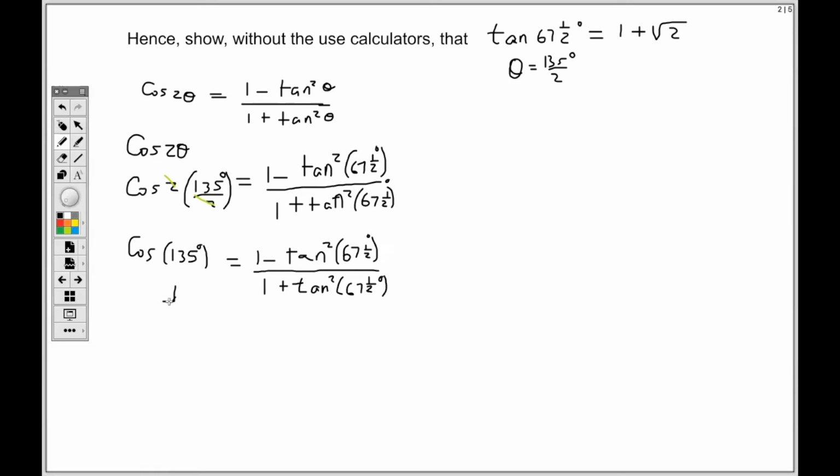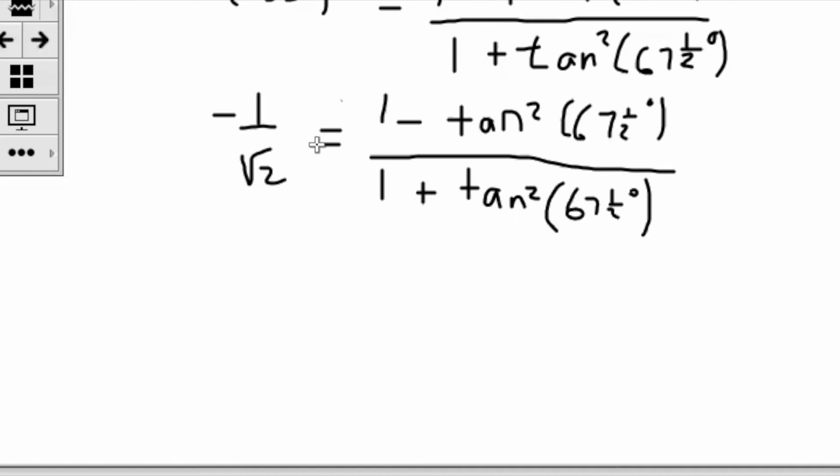So I'm going to replace this: minus 1 over root 2 is equal to 1 minus tan square 67 and a half degrees, all over 1 plus tan square 67 and a half degrees. So I'm going to cross multiply.